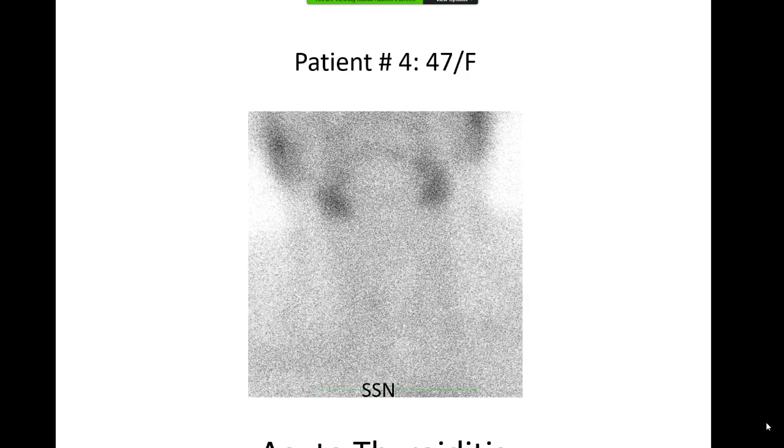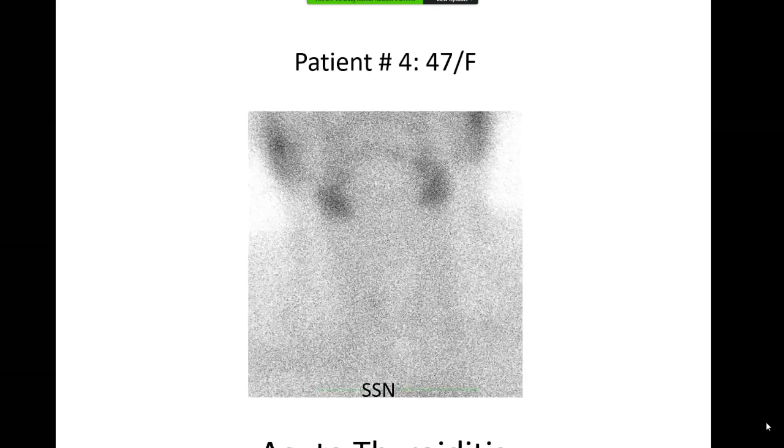So most scans are done with technetium pertechnetate. There is no otherwise preference. If you can afford an iodine 123, you do an iodine 123 scan. Iodine 131 we generally don't use for routine diagnostic purposes. We reserve it for therapeutic purposes, either for ablation of the hyperthyroid gland or for thyroid carcinoma ablation.